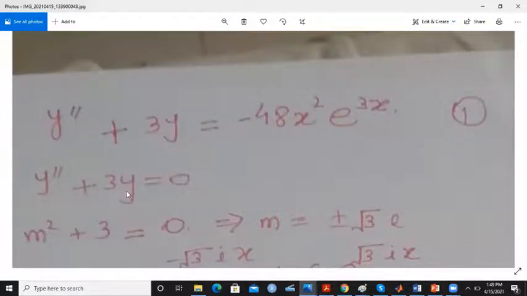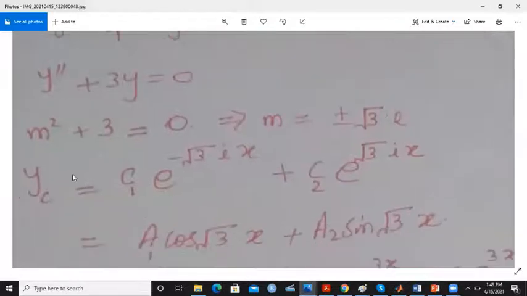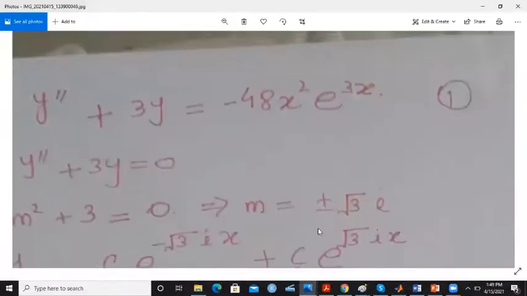We will work for the complementary solution. So m squared plus 3, the two roots are plus minus root 3i. So c1 e to the power minus root 3ix plus c2 e to the power root 3ix, so you will go for a1 cos root 3x plus a2 sine root 3x. This is yc, straightforward.